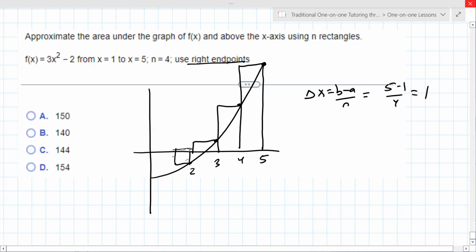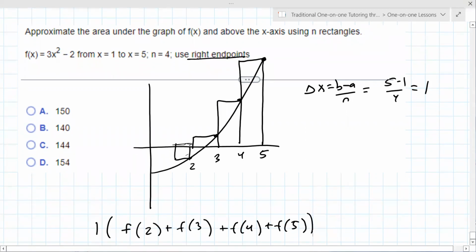nevertheless, your formula here is you take your delta x and you multiply by f of 2 plus f of 3 plus f of 4 plus f of 5. These are the heights of the rectangles. And you get those numbers by plugging in 2, 3, 4, and 5 into this function here. And just to avoid any calculation errors, I'm going to go to a calculator here that'll do the right endpoints for us.